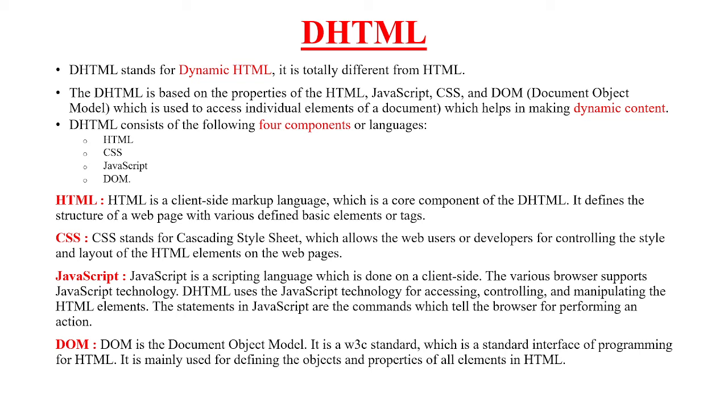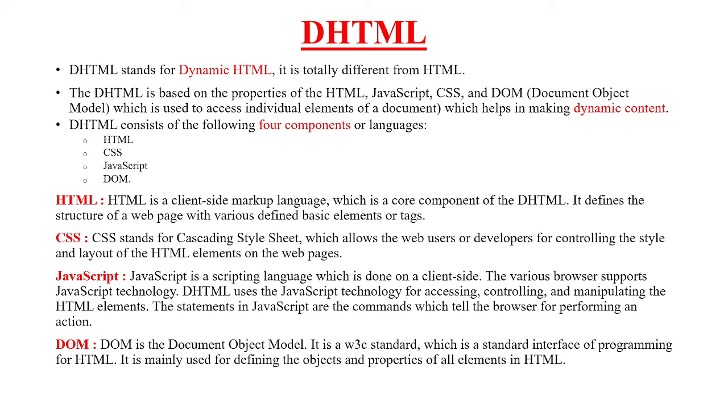As we have presented, HTML is the client-side markup language, which is the core component of DHTML, and it is specifically used to define the structure of the web page with various defined basic elements or tags. The second component is CSS, which stands for cascading style sheet, which allows the web user or developer to control the styles and layouts of the HTML elements that we keep in a web page.